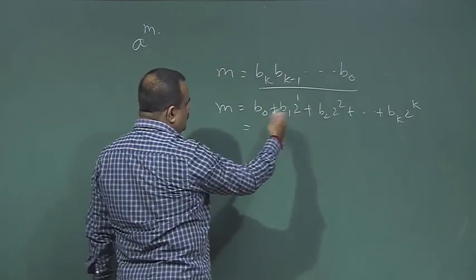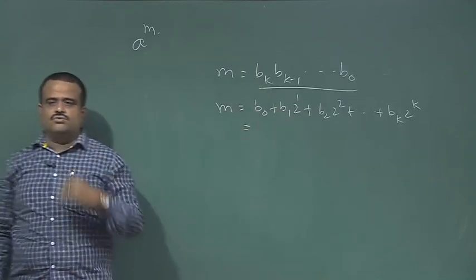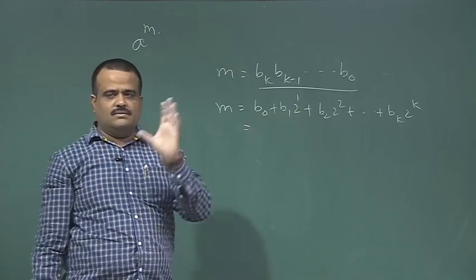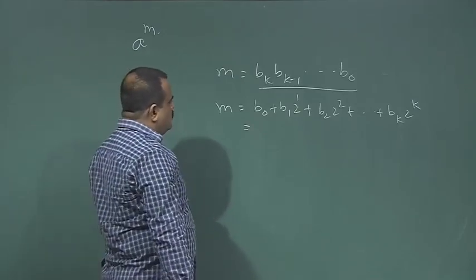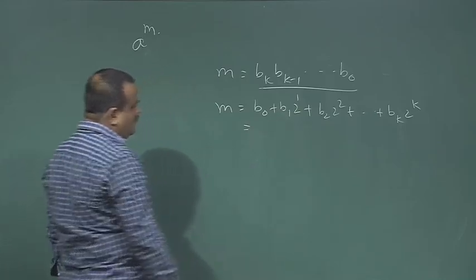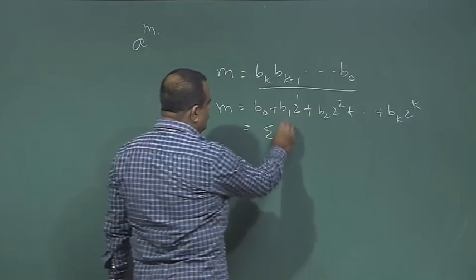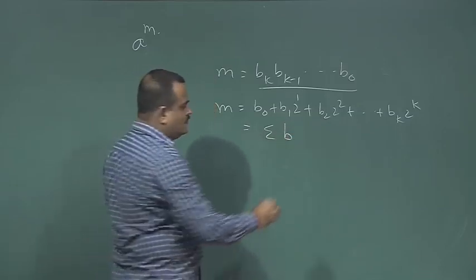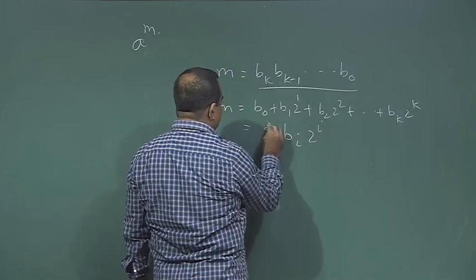To get the binary form, we have to keep on dividing by 2. So we get b0, then we again divide the quotient by 2, and do like this. So m is basically the sum of bi into 2 to the power i, for i equal to 0 to k.